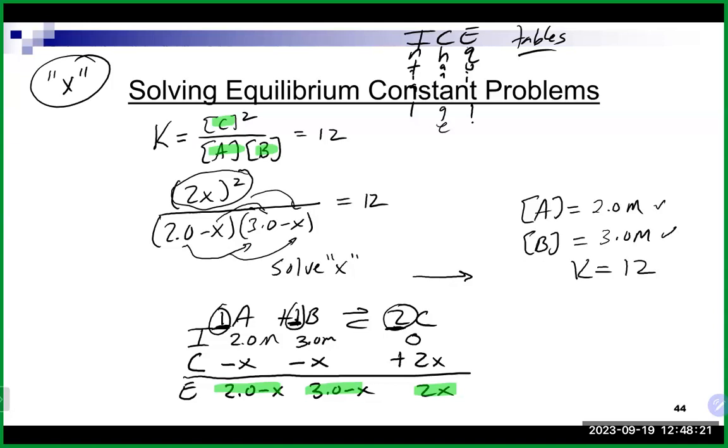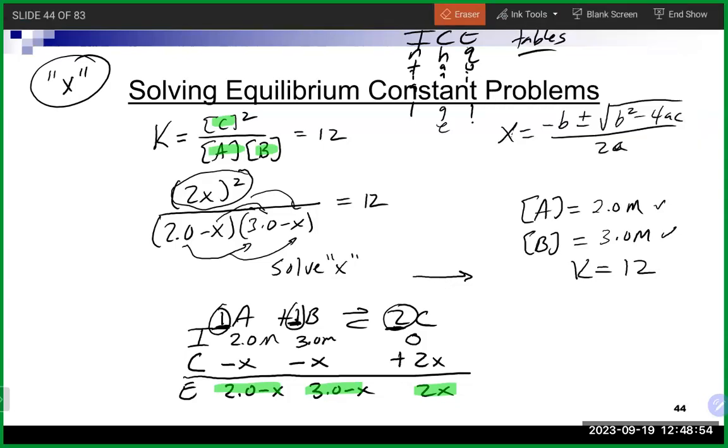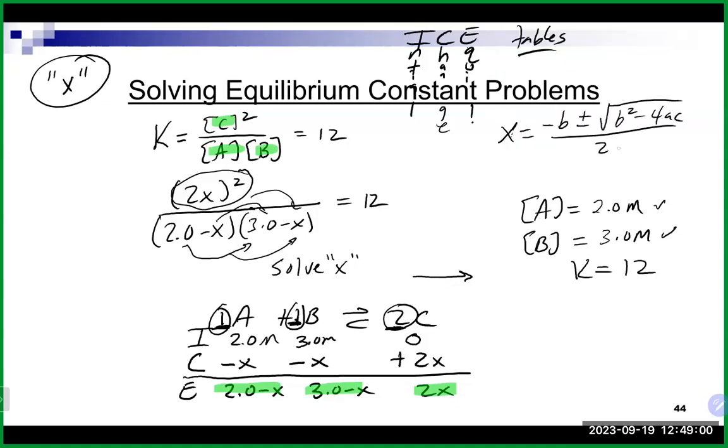After you factor all that out, we do need to solve for x. There's a few different ways that you could solve for x, which we will go through in some different examples. But probably the most complicated way is to use the quadratic formula. So the quadratic formula is x is equal to, I'm going to try to remember, minus b plus or minus the square root of b squared minus 4ac, divided by 2a. You agree? That's good. It's been a while since I've taken math.